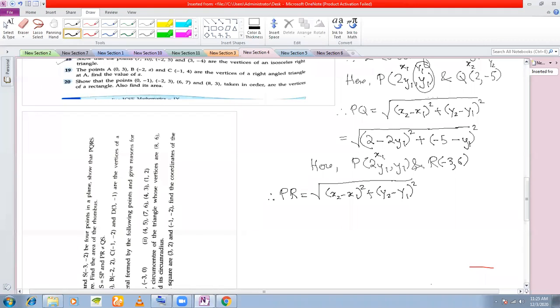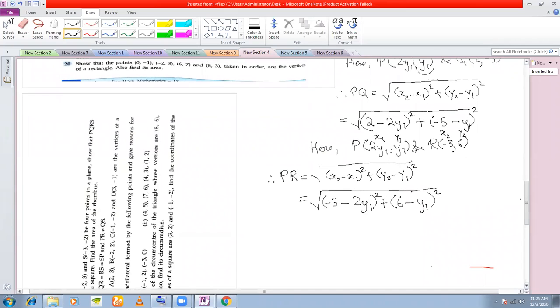Again, take this as x1, y1, take this as x2, y2, and put it in the distance formula. You get root over of x2 minus x1 whole square plus y2 minus y1 whole square. That's it.